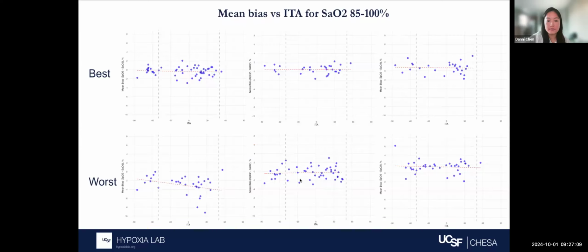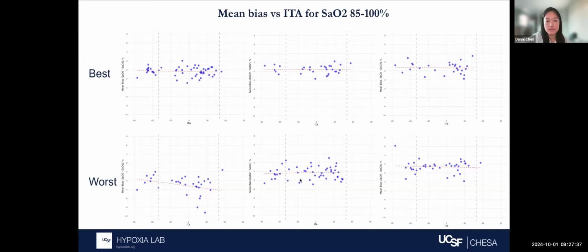So here we show the mean bias versus ITA plots of 3 of the devices that have the lowest ARMS at the top and 3 that have the highest ARMS at the bottom. From these scatter plots, we see the dots, which represent the mean biases of a subject, clustered around mean bias of 0 for the best devices, while the worst devices have the dots cluster further away from the mean 0.